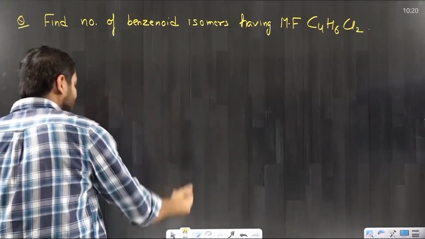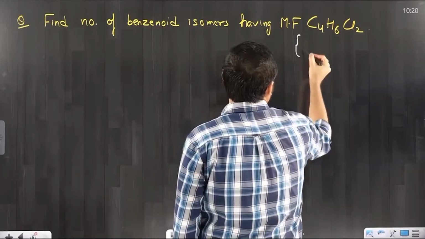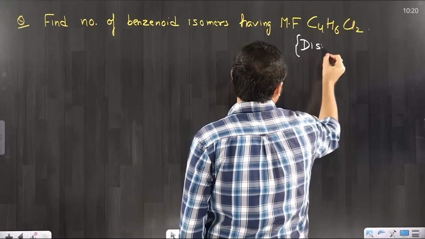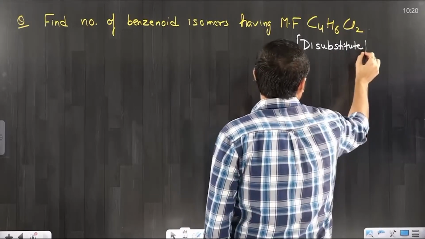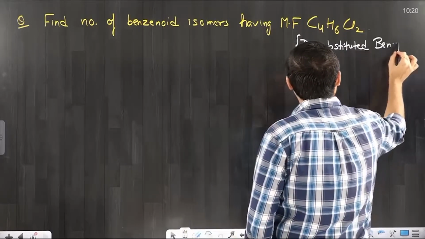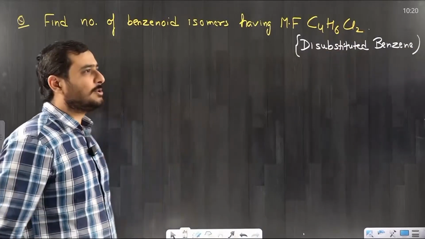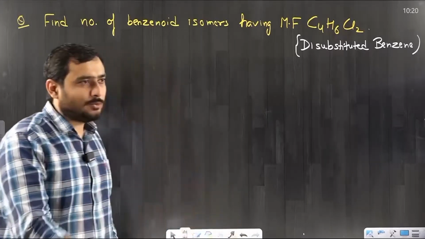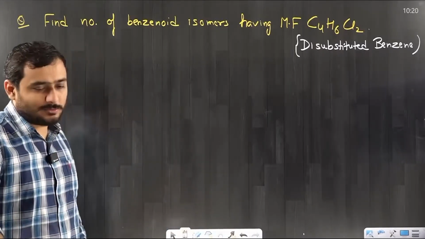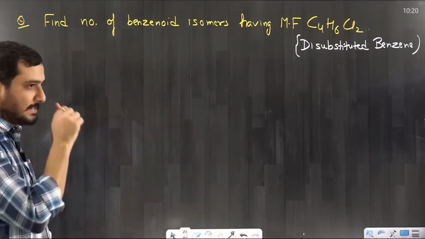Or in place of C4H6Cl2, they can write this as disubstituted benzene. They will call it disubstituted benzene because in benzene, two substituents are present. Which substituents are present? Chlorine. Now try to tell the answer: how many isomers are possible for this structural isomer, C4H6Cl2?